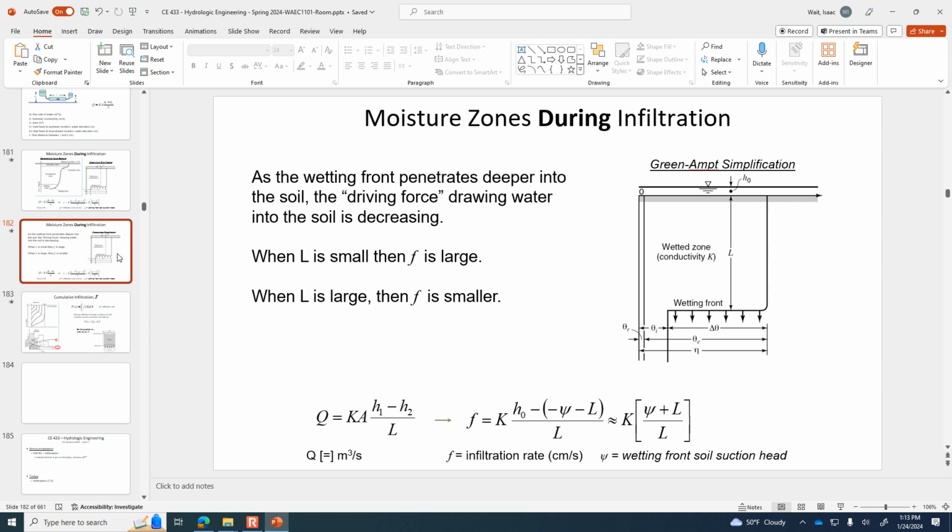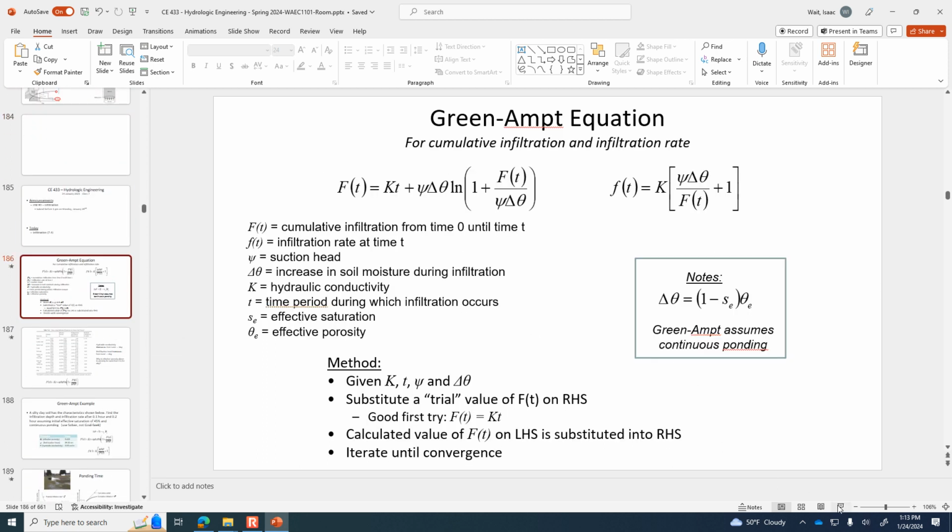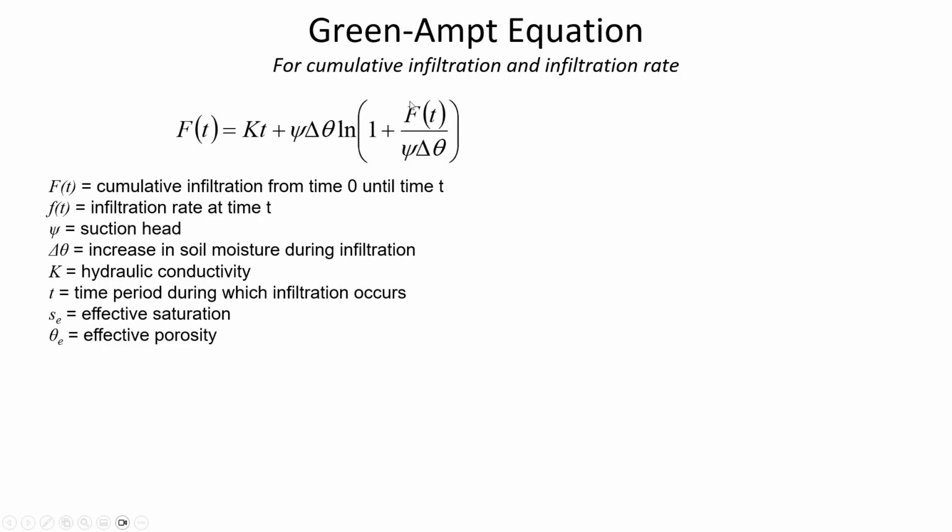But in this model, the simplification is just saying that it's fully saturated up to a certain depth. And so in this Green-Ampt model, what we're going to use as one of the parameters here, the delta theta, is just how much increase in moisture content there is between the initial moisture content and being fully saturated.